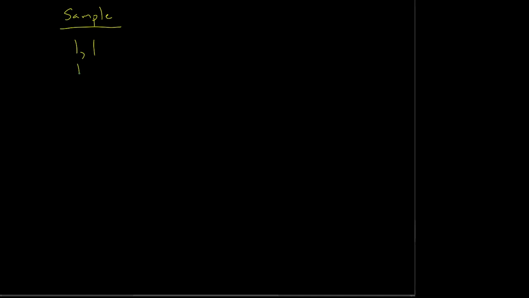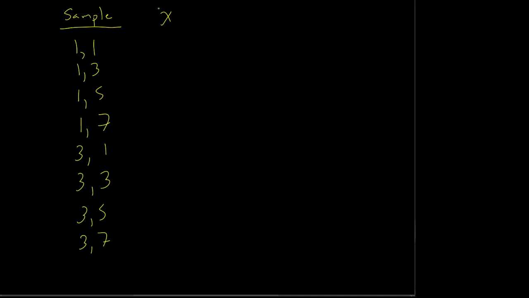Or I can grab a 1 and a 3, or a 1 and a 5, or a 1 and a 7. Those are my 2 samples, and those are all of the possible values I can get with replacement. Same thing happens if I draw a 3 first. These are the possible samples that I can get out.